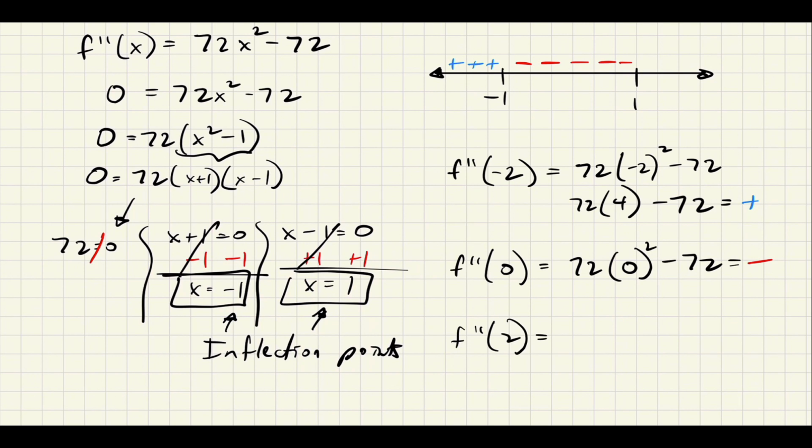And then the last one, positive 2. You're going to get the same answer that you got for negative 2 because you square it. Okay, I'll stop there for a little bit.